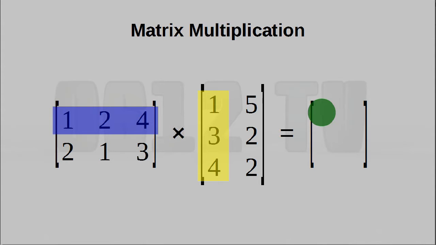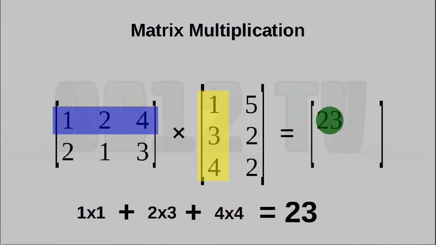Then we're going to move down these 2 highlighted lines and multiply each corresponding term with each other. When we're done performing all these individual multiplications, we sum them all up, and that gives us the result at that position in the result matrix.